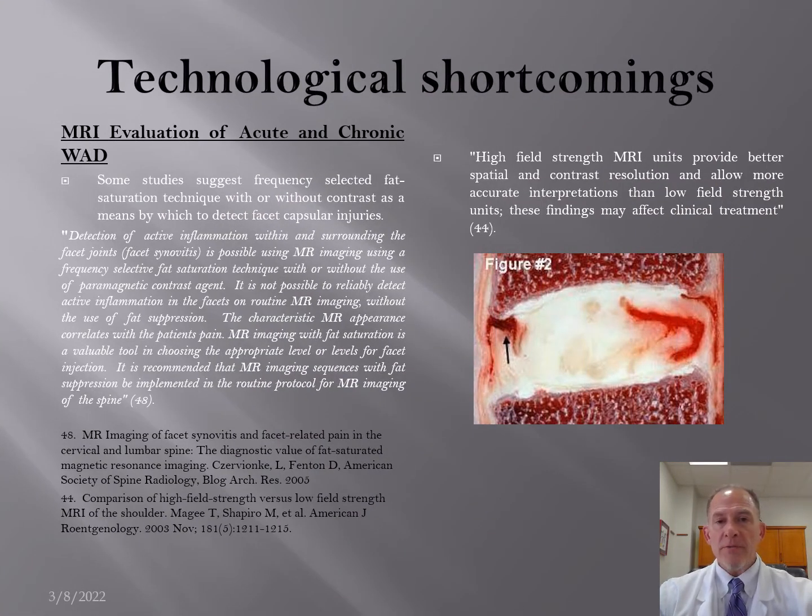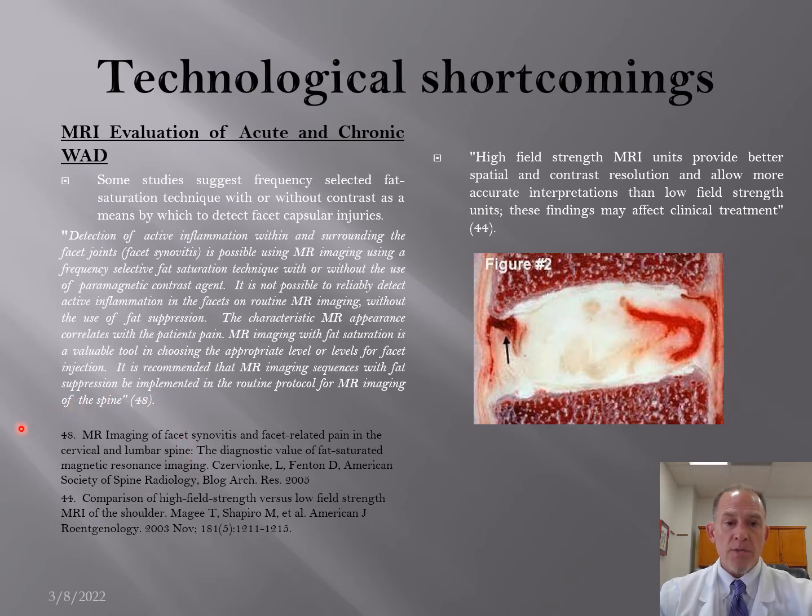So as we mentioned before, some of the technological shortcomings of our current low and high field MRI are such that they will not pick up microscopic tissue lesions. So what we need to do if we would like to see a facet capsular ligament injury is order the MRI scan with fat saturation or fat suppression technique.